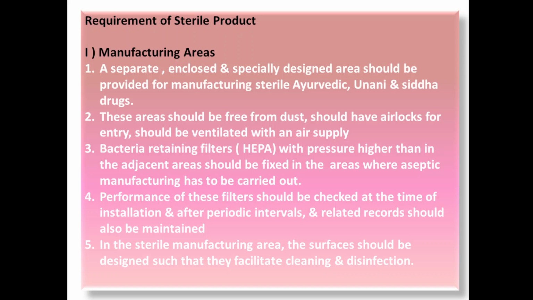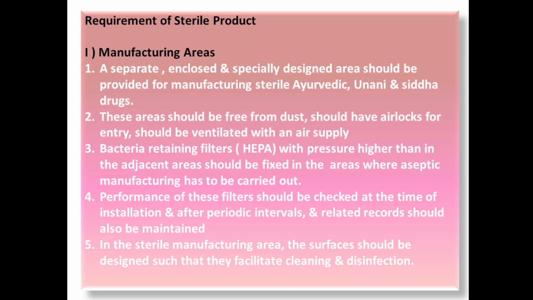Bacteria retaining filters, that is HEPA filters, that is high efficiency particulate air filters, remove about 97 to 99% of dust particles, microbes, bacteria, airborne particles and pollen, and they can remove particles up to a size of 0.3 micron.